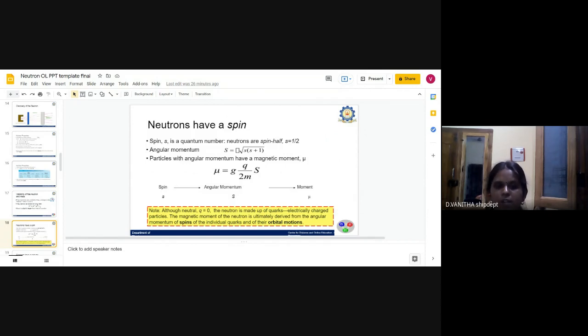And these particles have angular momentum, which is explained by the magnetic moment. So the magnetic moment is equal to g into q by 2m into S.